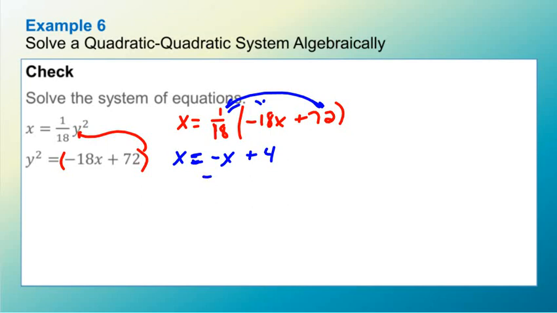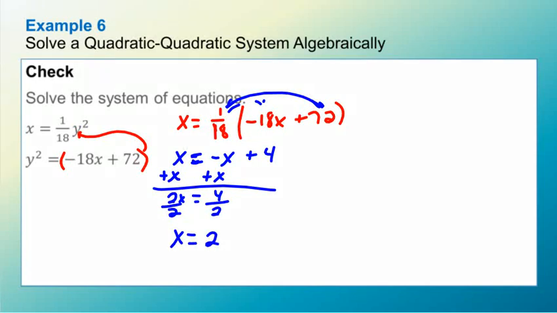To get the x's to one side, I'm going to add x to both sides. Now I have 2x equaling 4. Divide by 2. I would have x equaling a positive 2. Now if I put 2 in for x, I can solve for y. So I'm going to do each one separate. I'll put a 2 here equaling 1/18 y squared.